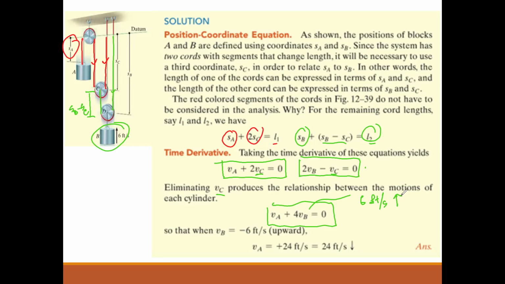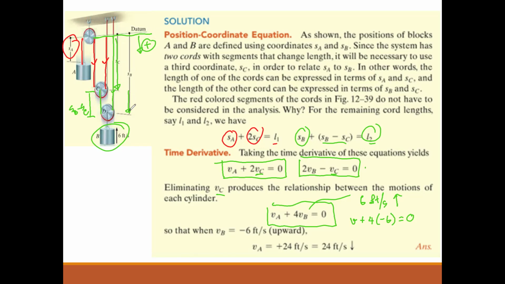So when we substitute into the equation, we have to substitute it as negative, because the positive sign convention is downward: the datum is here and we measure down to the point. So downward is positive. Be careful.